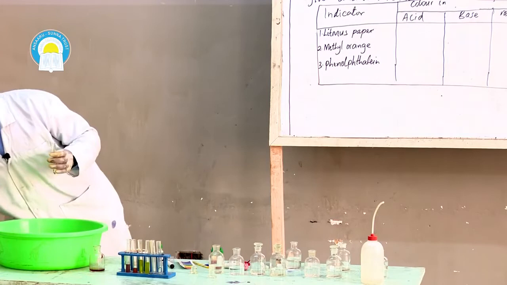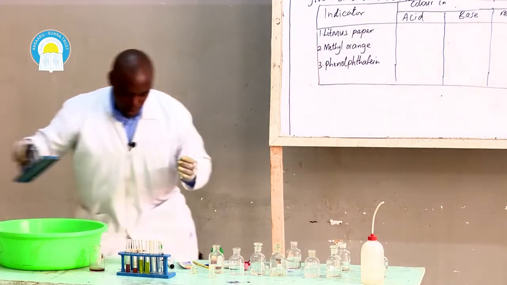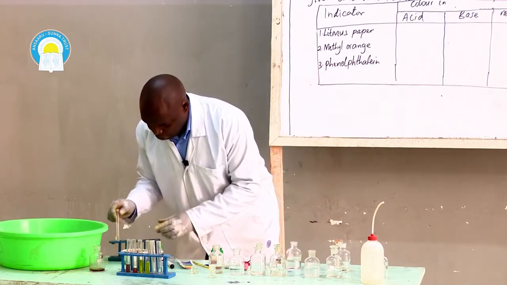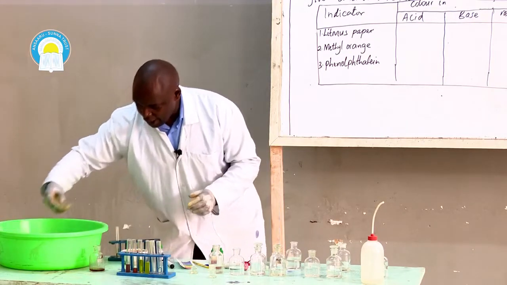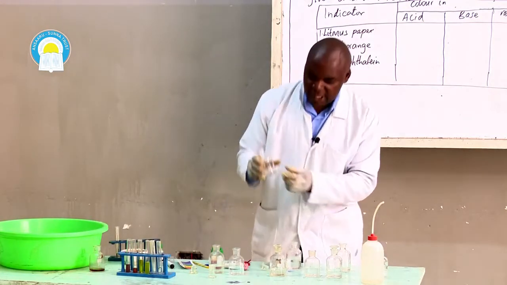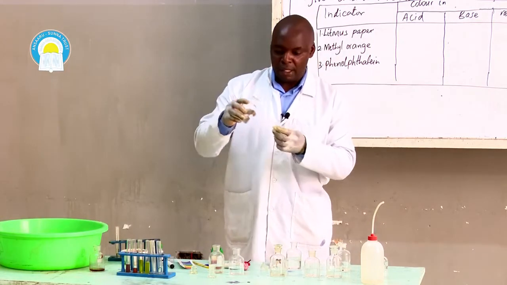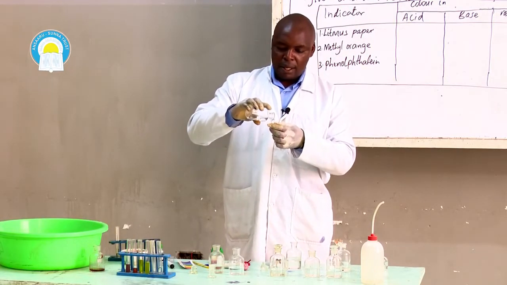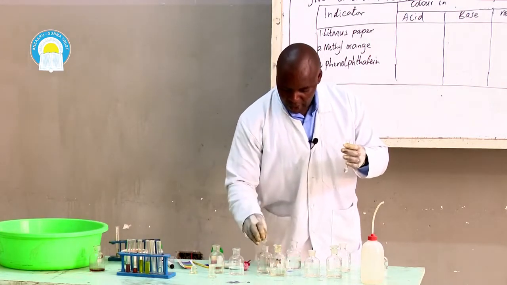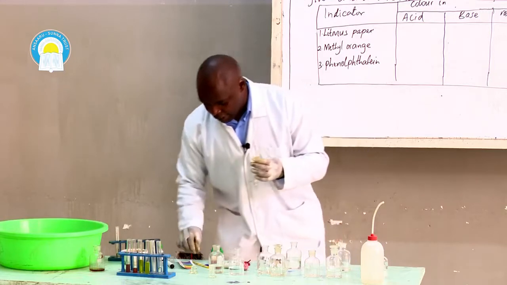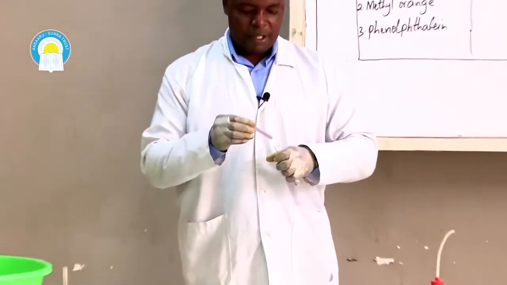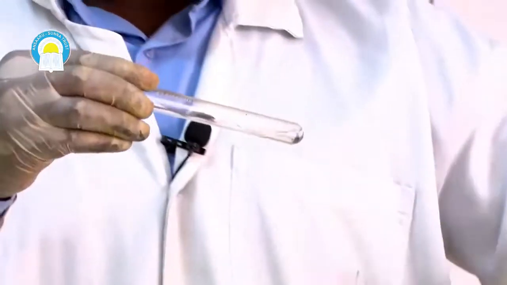Let me have another solution, propanoic acid, and see whether the litmus paper is also going to turn red. I add the propanoic acid in a test tube and then take the red, so red litmus paper with the propanoic acid.